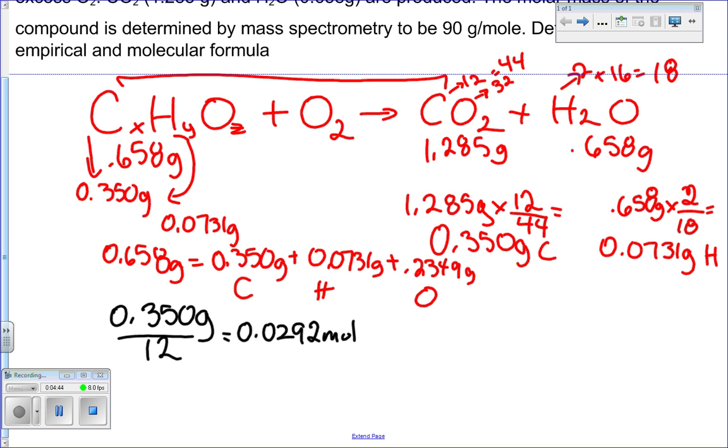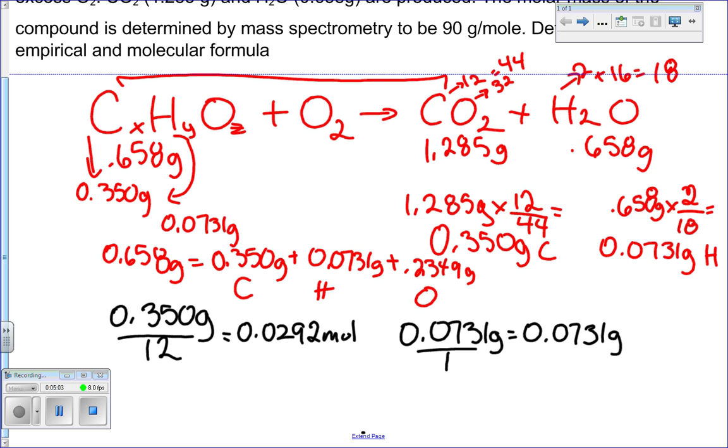I'm going to do the same thing for the hydrogen. 0.0731 grams of hydrogen divided by 1, which is the molar mass of hydrogen. That one's easy, 0.0731. And then the same thing for oxygen.